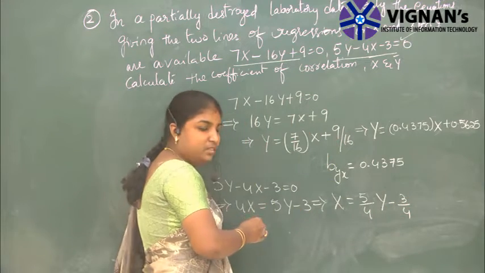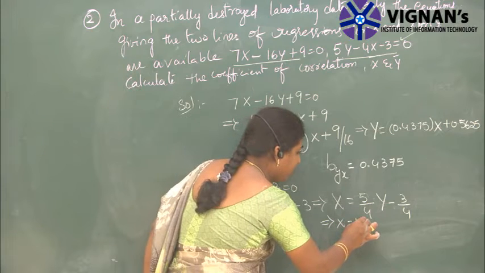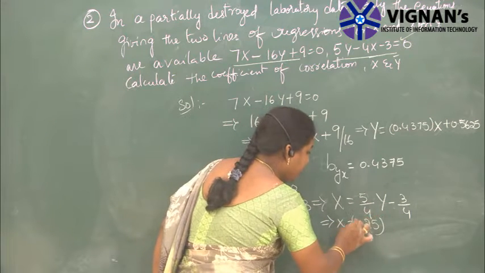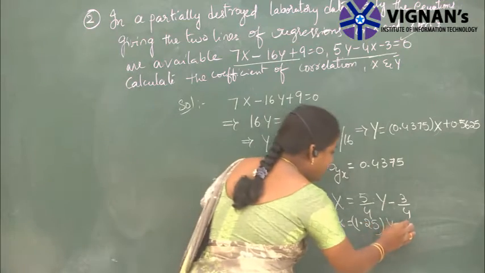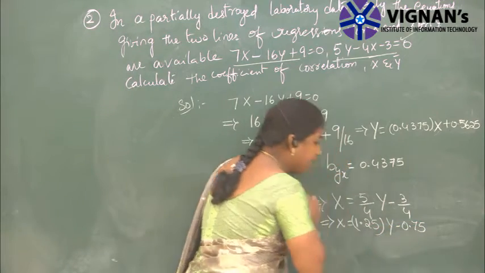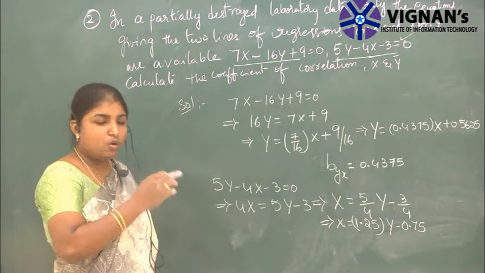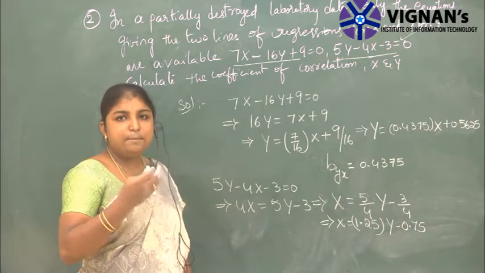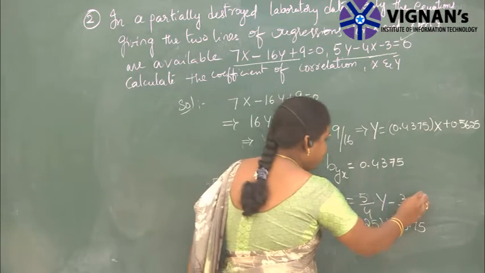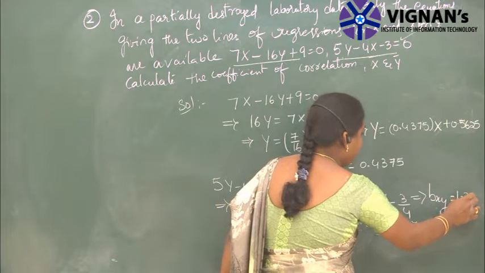Simplifying, x is equal to 1.25 into y minus 0.75. So this is the x on y line. The coefficient of y is represented by bxy, so bxy is equal to 1.25.